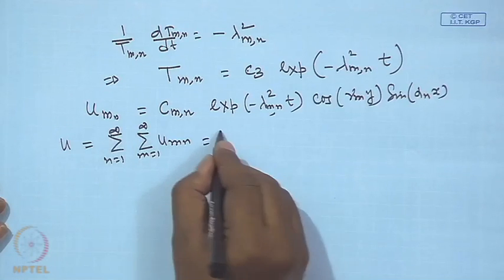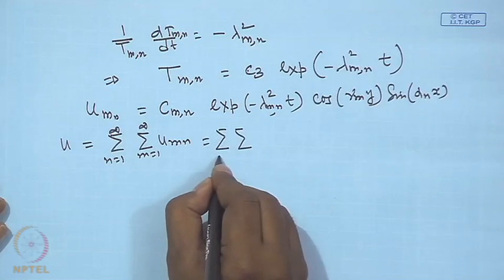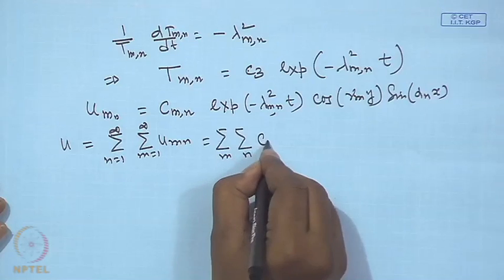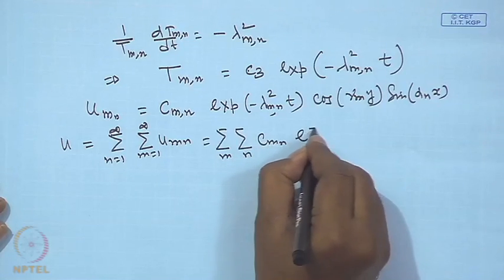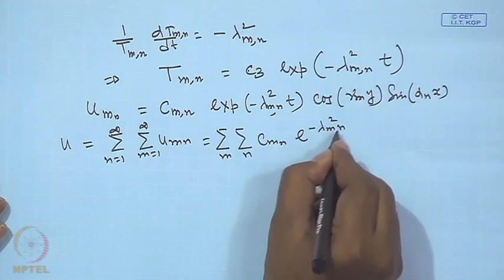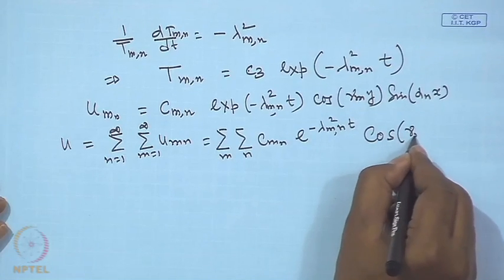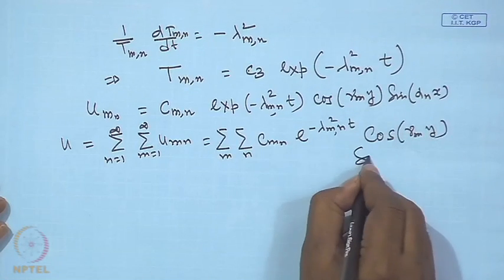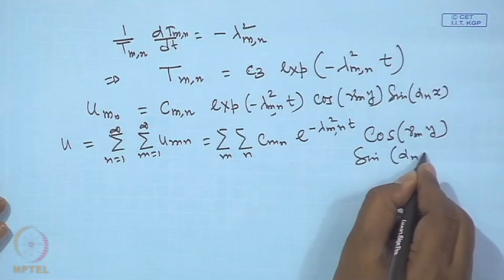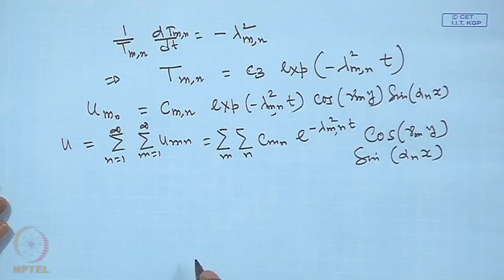So, this will be the double summation of C m n e to the power minus lambda m n square t, cosine nu m y, sine alpha n x.